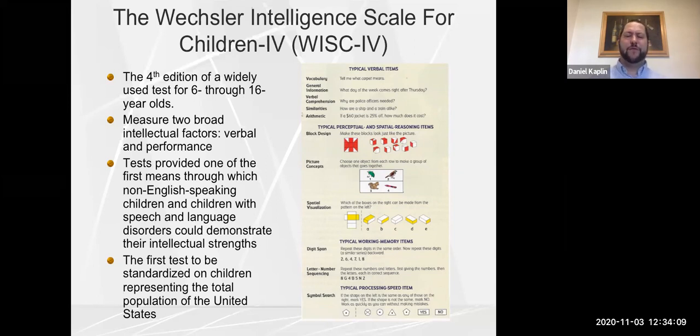Similar to the Stanford Binet, there is both a verbal and a nonverbal component. Because it's more nuanced, it also gave more space to differentiate abilities between native English speaking and non-English speakers, to identify personal and normative strengths.